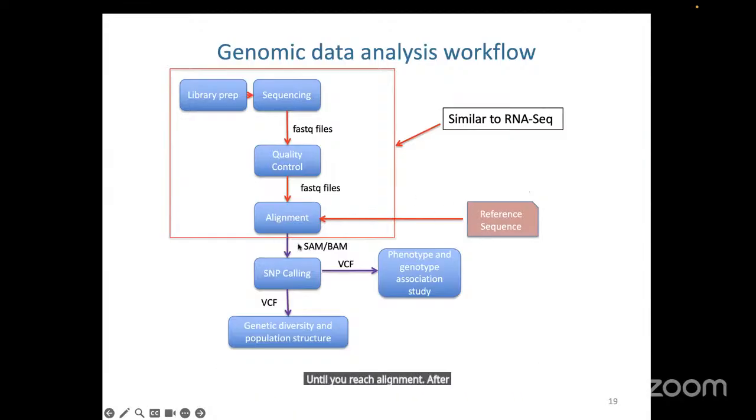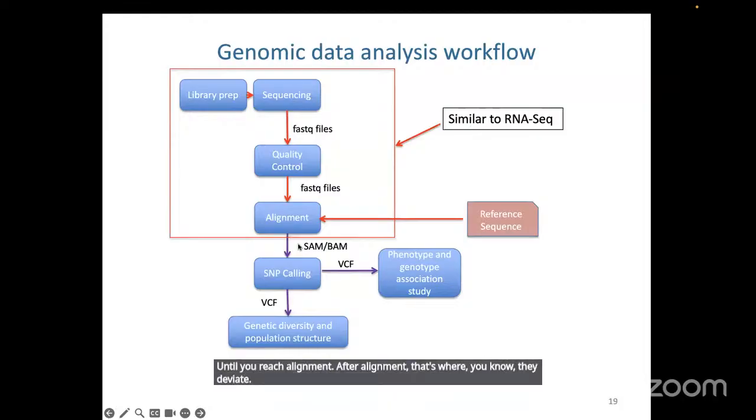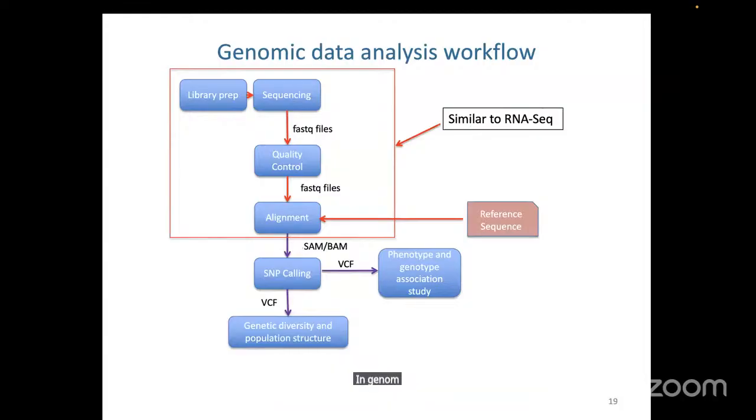After alignment, that's where they deviate. In genomics, after alignment, we do what's called SNP calling. After SNP calling, you get what's called a VCF file, a variant call file. We'll talk about that later. With these variant call files, you can do your association study, GWAS, or your genetic diversity or population structure study. That's why I put this here first, to show you that the process is always the same until you reach alignment.